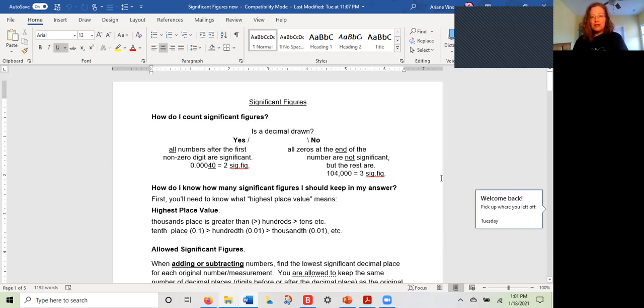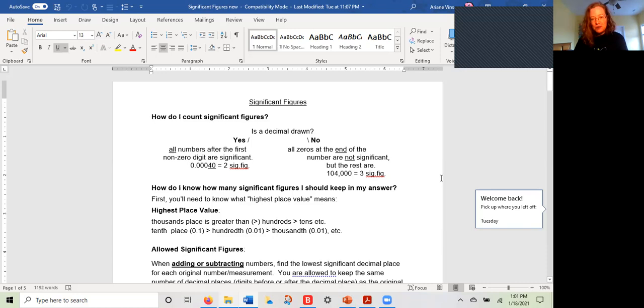Then the tenths place, one number after the decimal, is a higher place value than the hundredths place, which is a higher place value than the thousandths place. Hopefully that makes sense to you about the highest place value. We'll need that in a couple more minutes when we talk about adding and subtracting numbers.